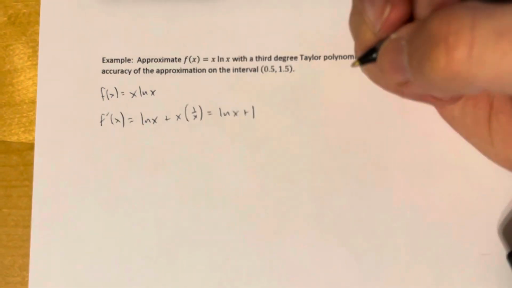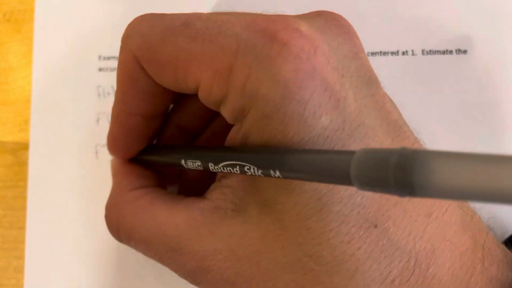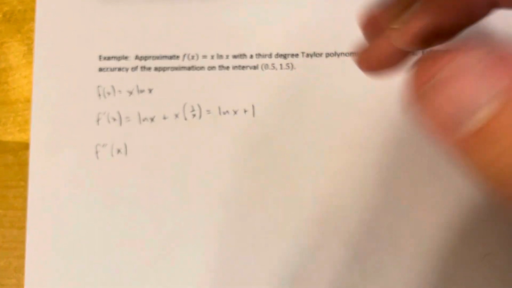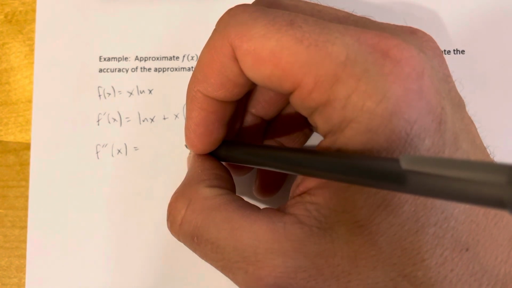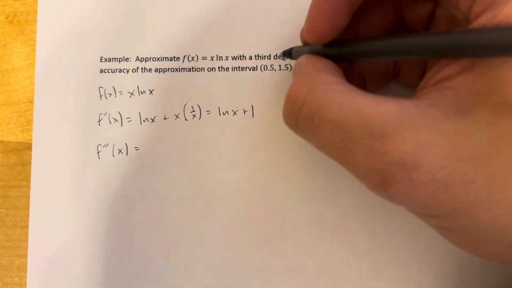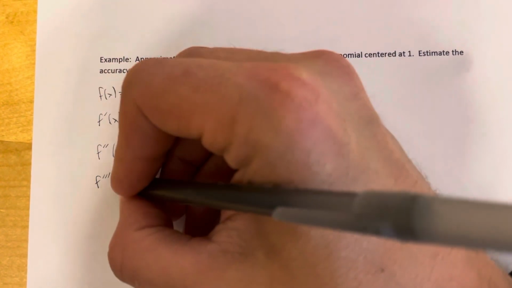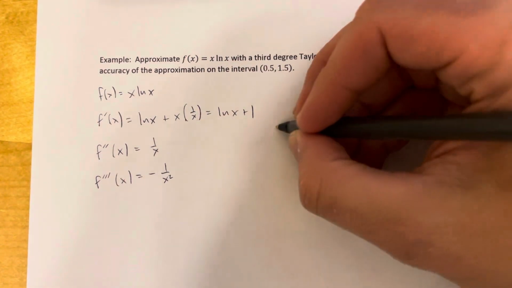So I get the natural log of x plus 1. And then the rest of these are pretty straightforward. We need up to the third derivative for my Taylor polynomial, since it's a third degree Taylor polynomial. This is equal to just 1 over x. F triple prime then is going to equal negative 1 over x squared.